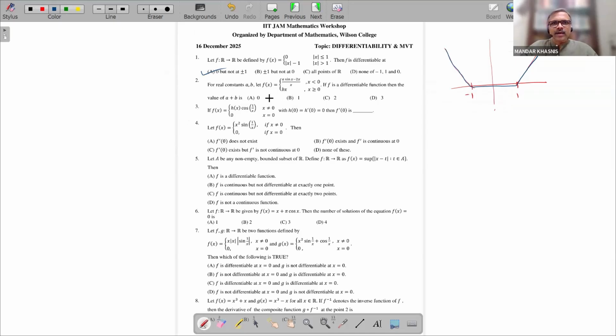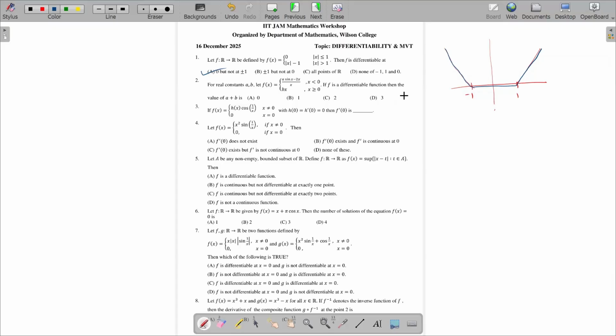This you can check out for real. How to go for it? Let's not solve, just give me the idea. How will you go for it? At first, we need to check whether it is continuous or not before going to differentiability.